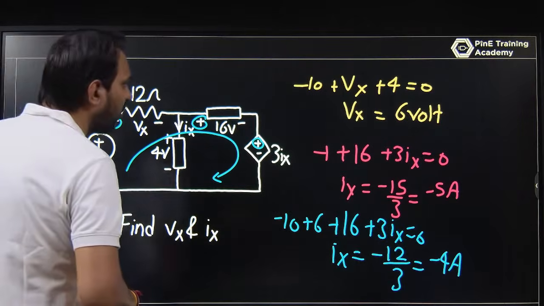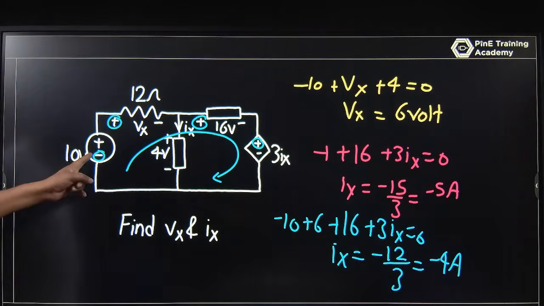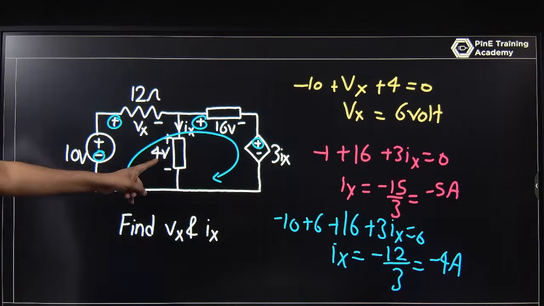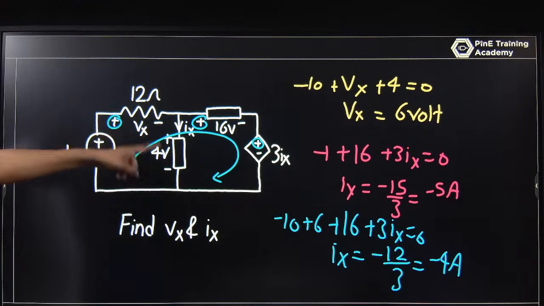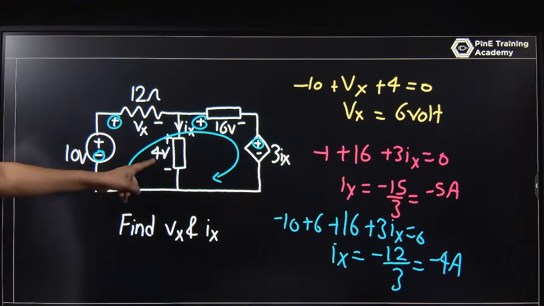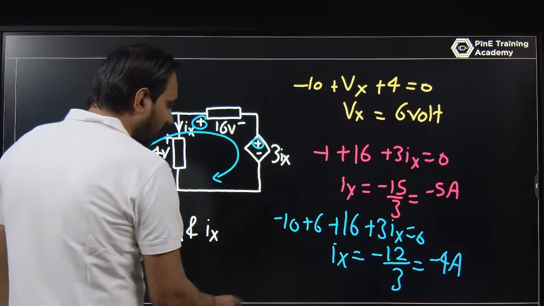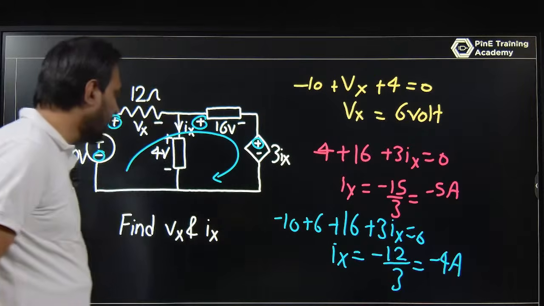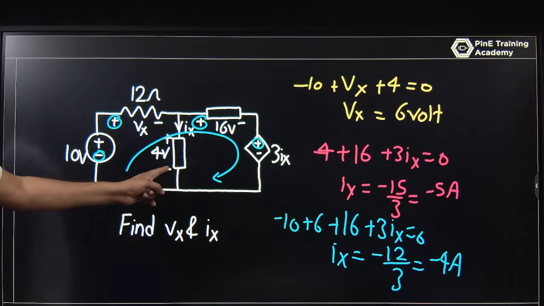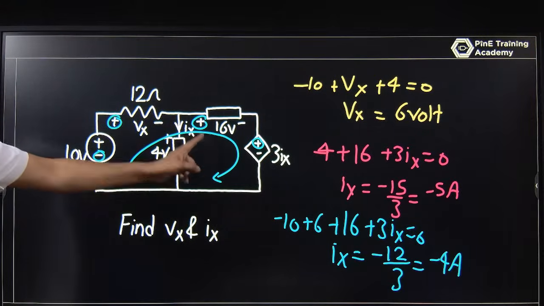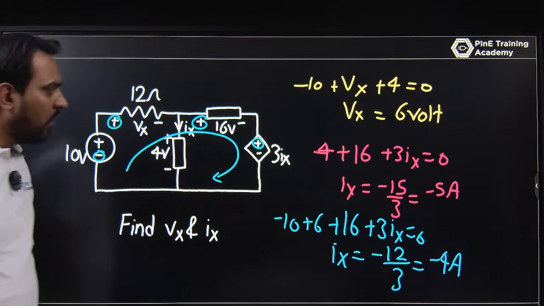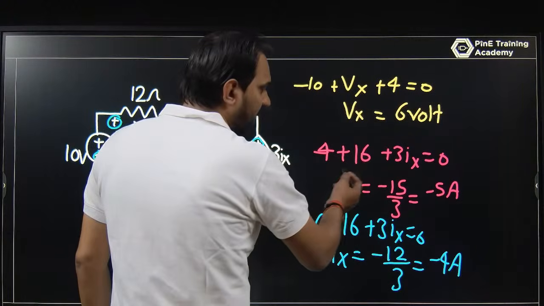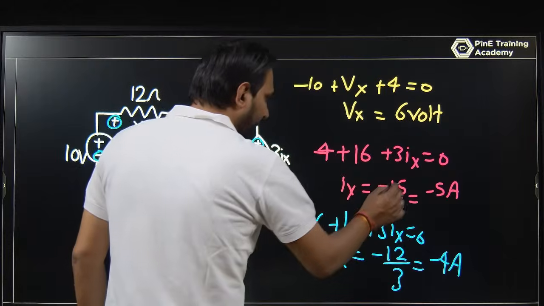If this is 4, so minus 10 plus Vx plus 4. So Vx is equal to 6 volt. If you are using this, this also becomes 4 volt. Okay, I am just checking that. Okay, this is minus 4 by the second loop. This is minus 4 plus 16 and this. So this becomes minus 4 plus 16 is minus 12.